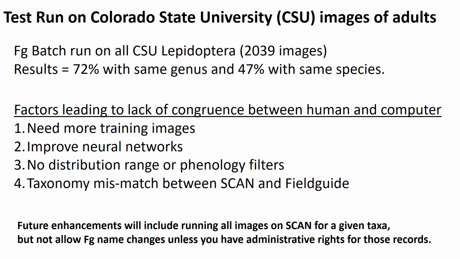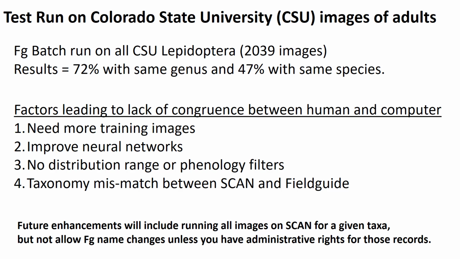And then there can be just a taxonomy mismatch between SCAN and Field Guide. That is one of the challenges: both the taxonomy tables in Field Guide and SCAN are still incomplete. So future enhancements should include running all images on SCAN for a given taxon, but not allow Field Guide name changes unless you have administrative rights for those records.